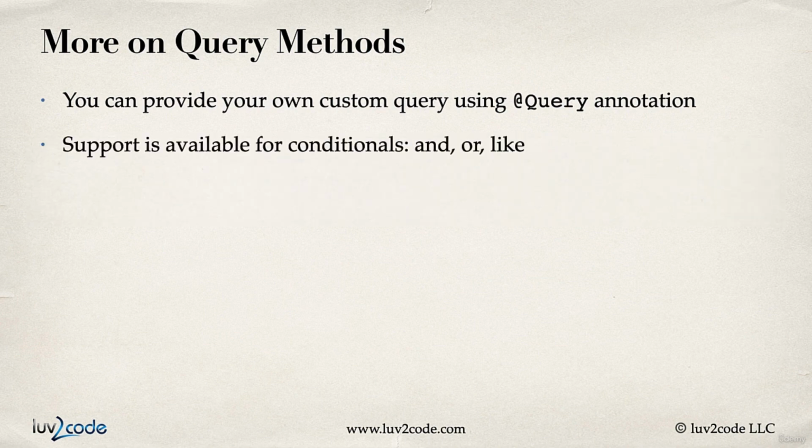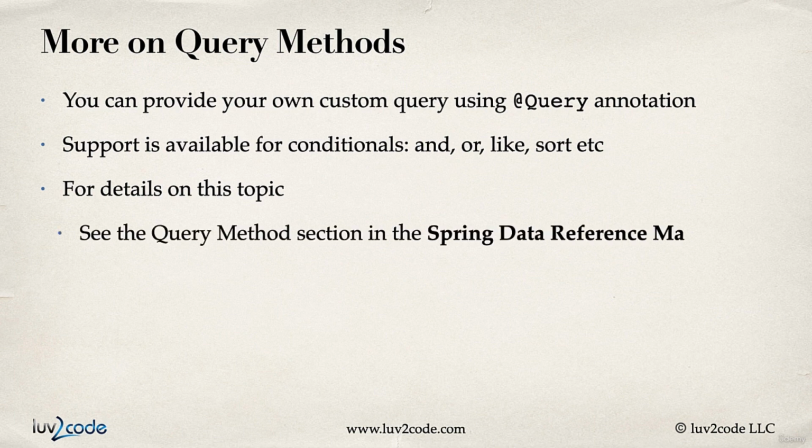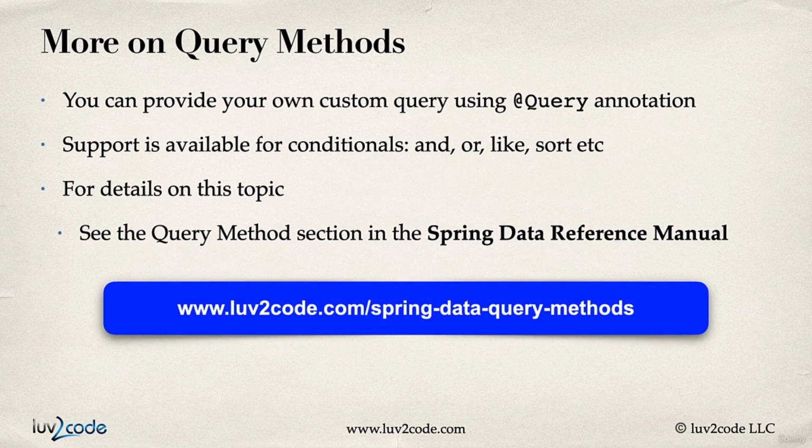The query methods also have support for conditionals like and, or, like, sort, and so on. For details on this topic, you can see the query method section in the Spring Data Reference Manual. Here's the link on the slide, and it'll redirect you to the official documentation, where you can read all the details.